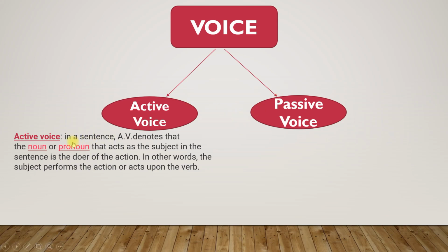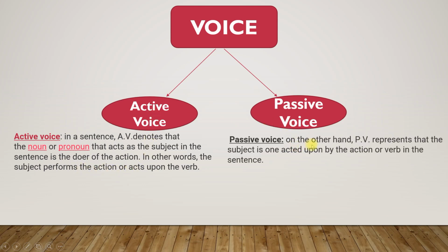See here, active voice in a sentence denotes that the noun or pronoun that acts as the subject is the doer of the action. In other words, the subject performs the action in active voice. And what is passive voice? Passive voice, on the other hand, represents the subject as the one acted upon by the action or verb in the sentence.